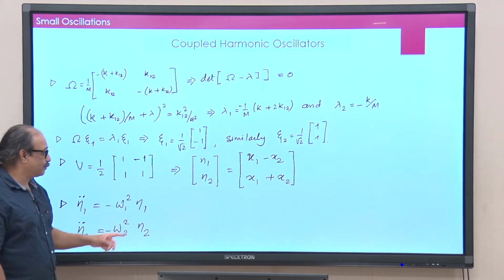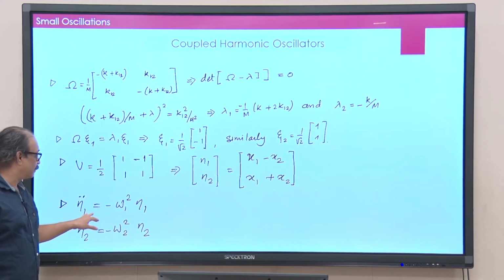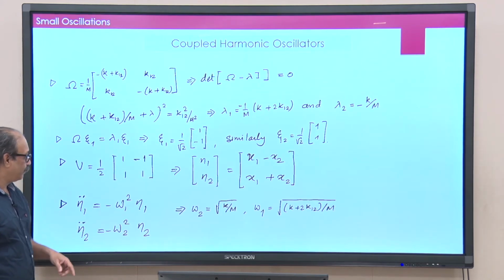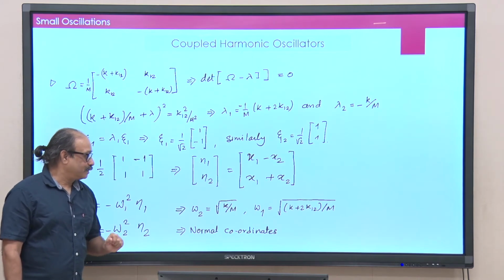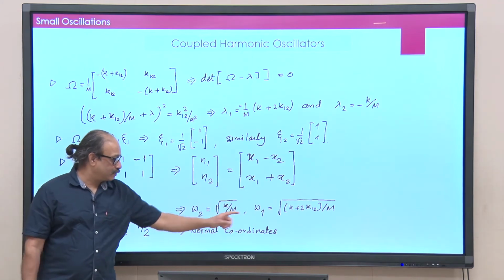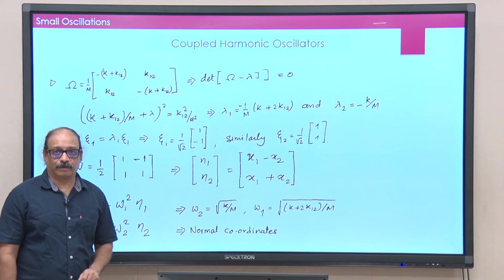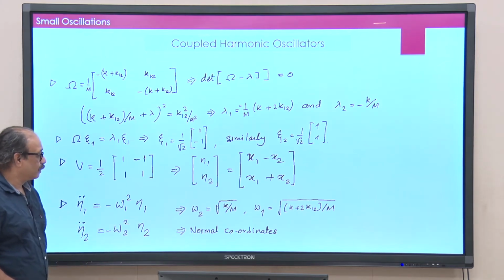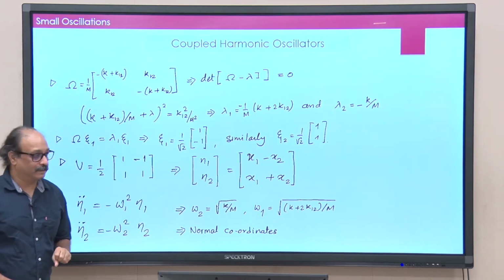And the transformed equations of motion are basically eta 1 double dot is equal to minus omega 1 square eta 1, and for which solutions are already known with these frequencies omega 1 and omega 2. These new variables eta 1 and eta 2 are basically called normal modes. Okay. I will in a moment tell you what that means, but basically now we have got everything calculated there.